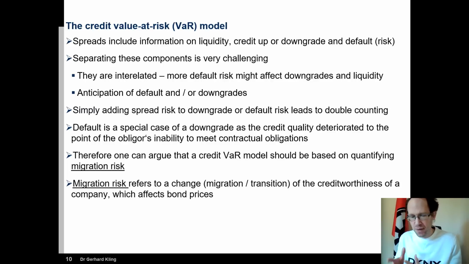But that's a matter of terminology. In practice, the term migration risk is used in this context to focus on a transition to maybe a lower level or a higher level of credit worthiness, which affects then bond prices.